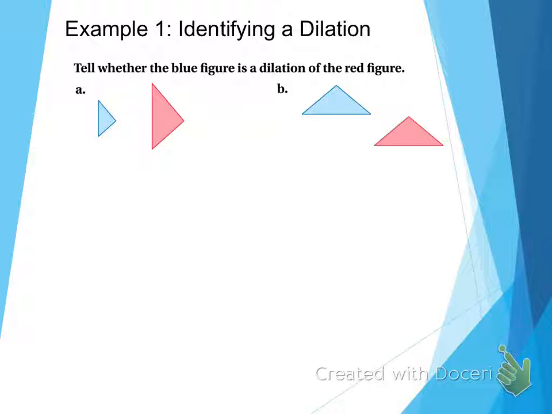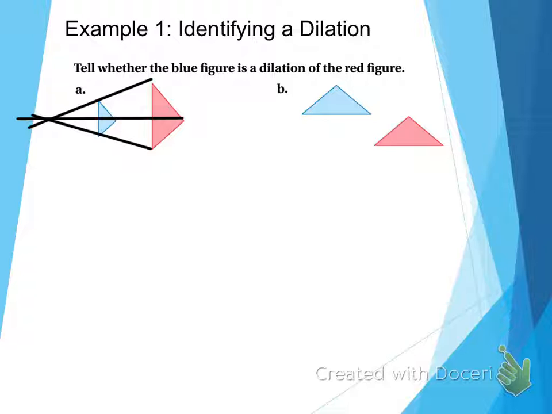In other words, if I was to take this, go through here, and do that with all of these vertices, I would meet at one point. That means that it is a dilation. The lines connecting corresponding vertices meet at a point, so the blue figure is a dilation of the red figure.